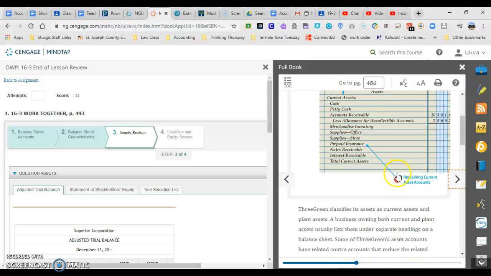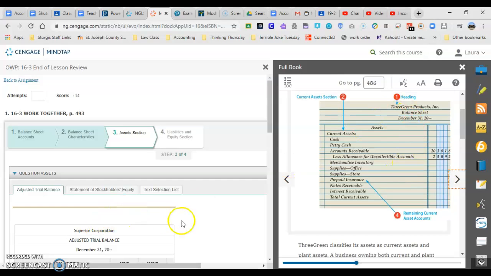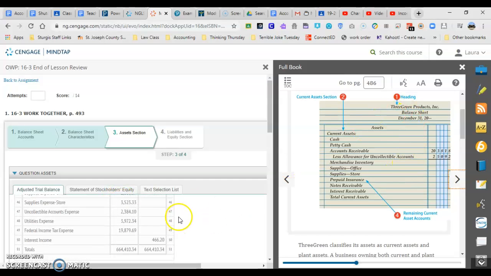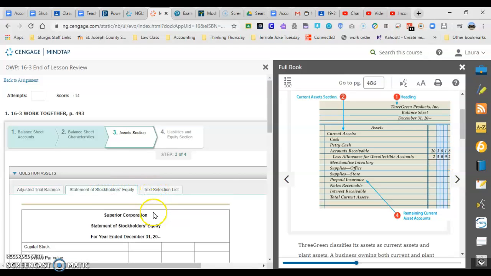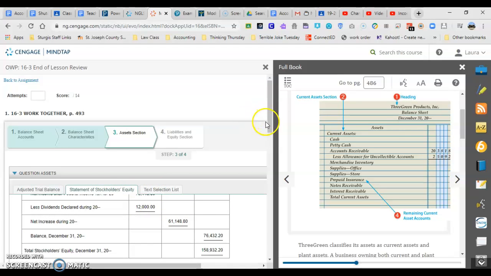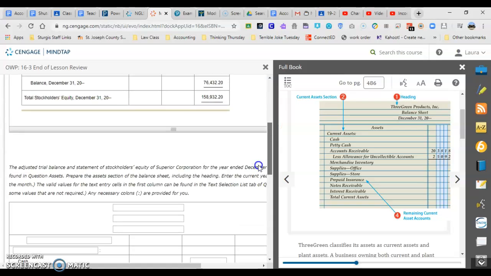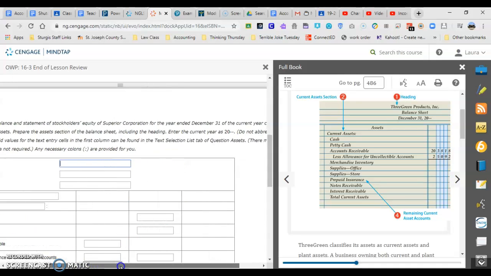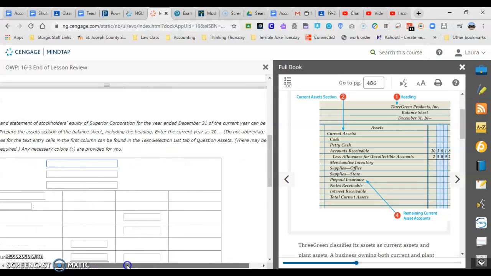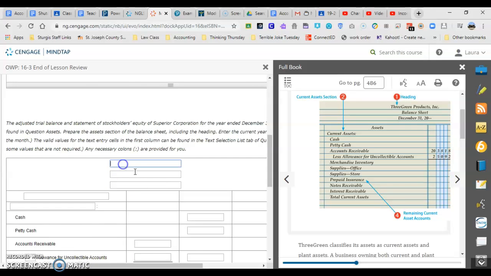Okay, so again, we're going to prepare the heading of a balance sheet. So we're going to have the name of the company, and in this case, Superior Corporation still here.